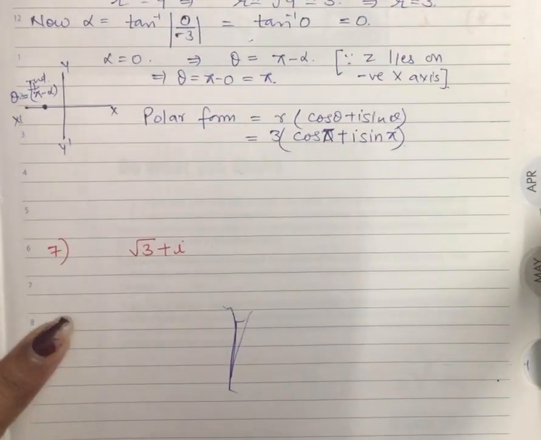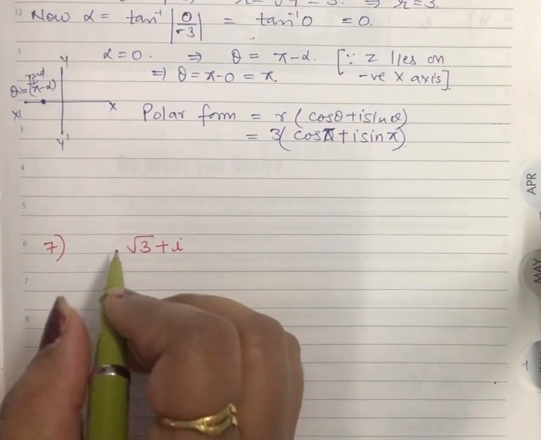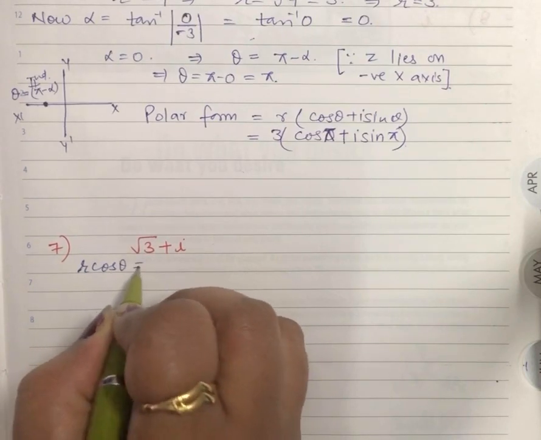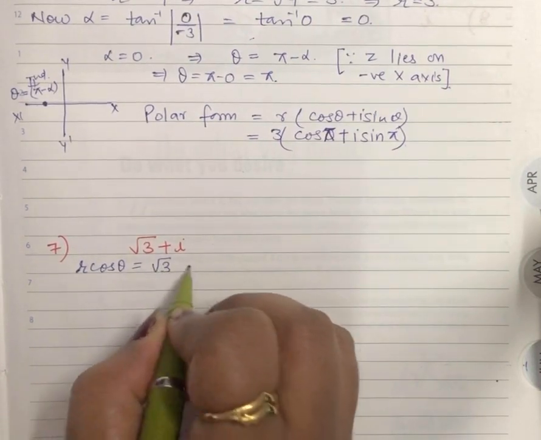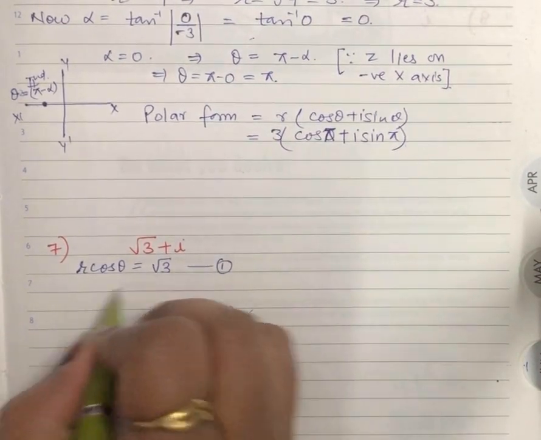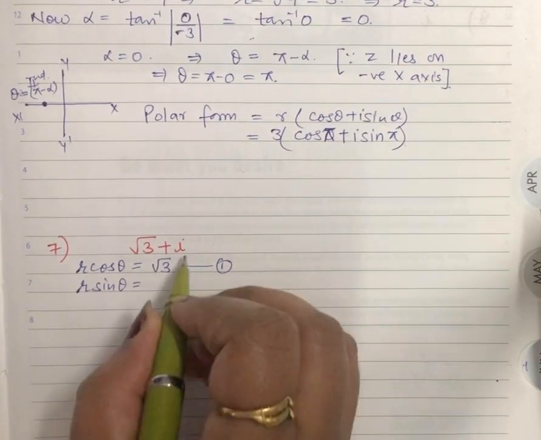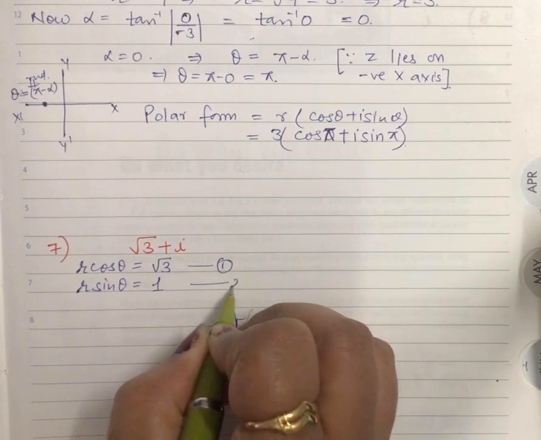Now look at the seventh. Now again here r cos theta, the real part, is under root 3 and r sin theta, that is the imaginary part, is 1.